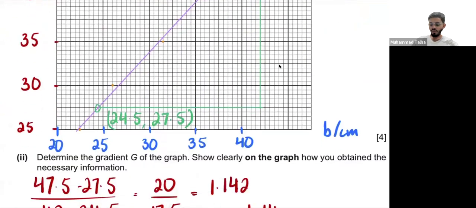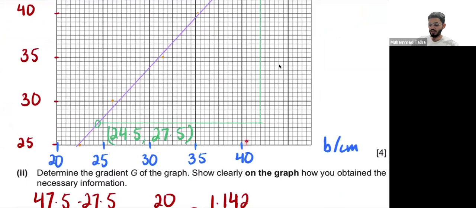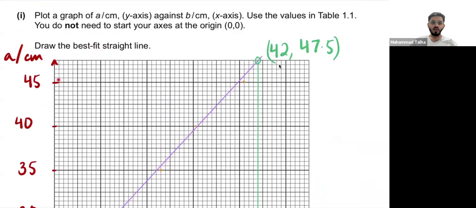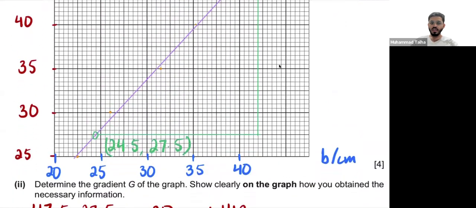If I read this off, this would be 40.5, 41, 41.5, 42. So this is 42. And because each of these 5 small boxes on the y-axis is 2.5, this is 47.5. Similarly, on the x-axis, I take another really clean point here, which is 22.5, 23, 23.5, 24, 24.5, and right in the middle of 25 and 30, this is 27.5.